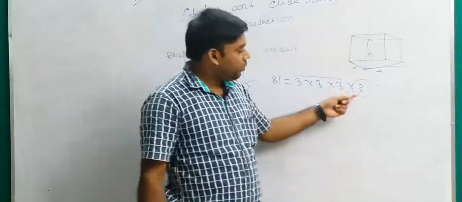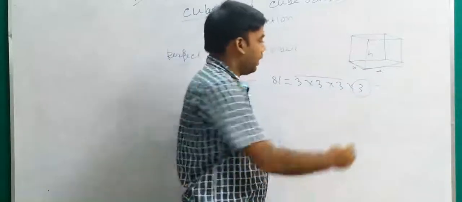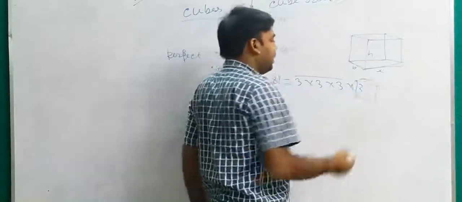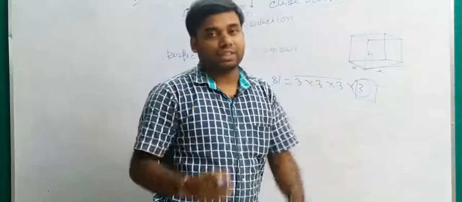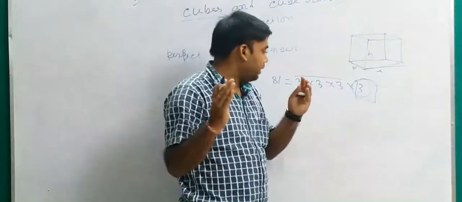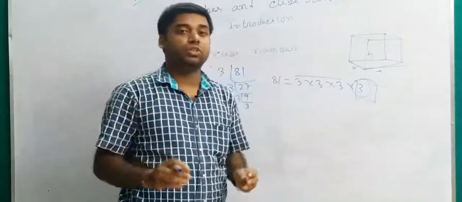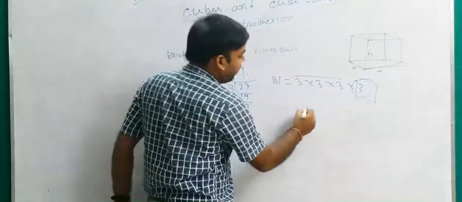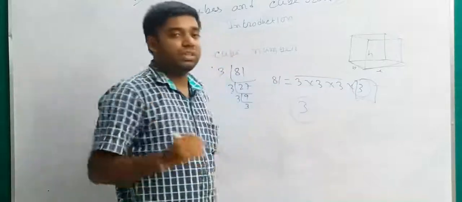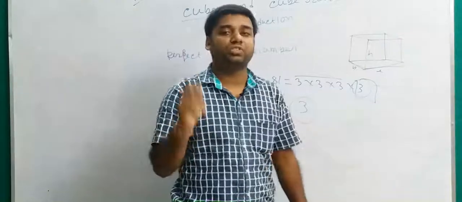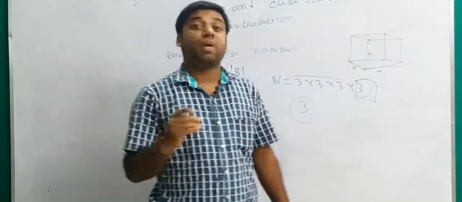If I can remove that 3, then 3 factors are there, and they are only 3. So the answer is 3. If 81 is divided by 3, then the resultant will be a perfect cube number.